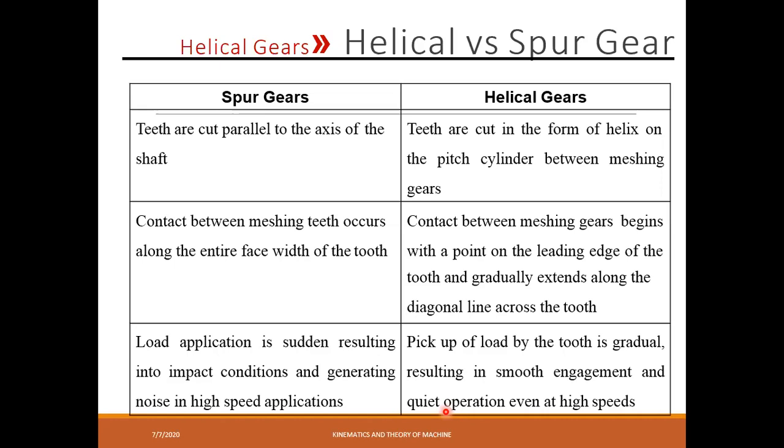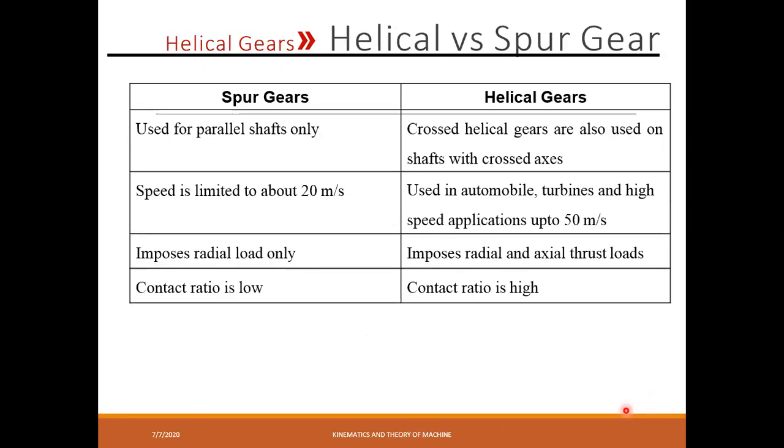Load application is sudden in spur gears, resulting in impact conditions and generating noise in high speed applications, whereas in the helical gears, pickup of the load by the tooth is gradual, resulting in smooth engagement and quiet operation even at high speeds.